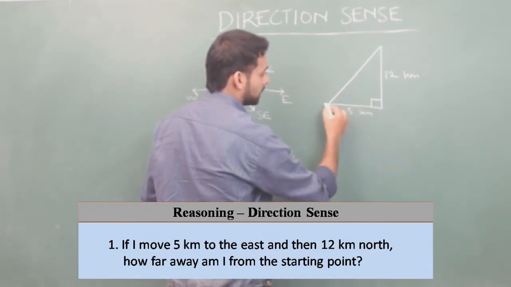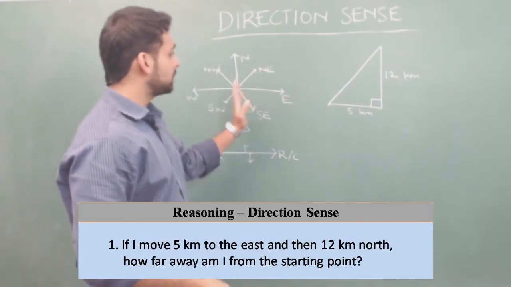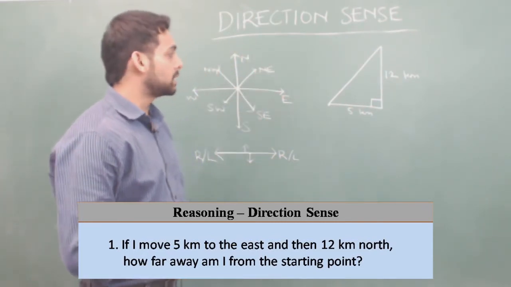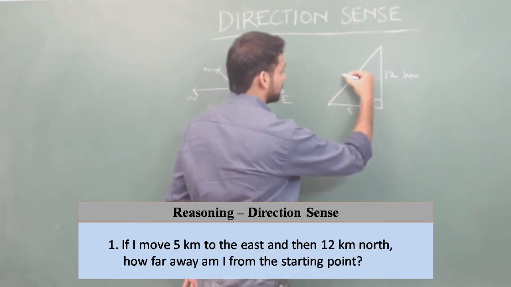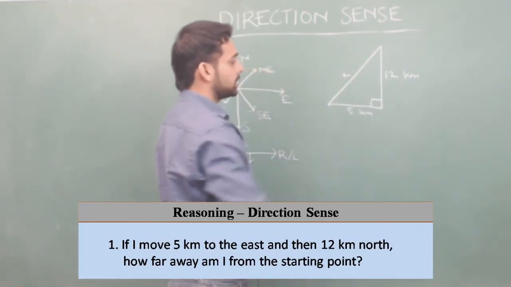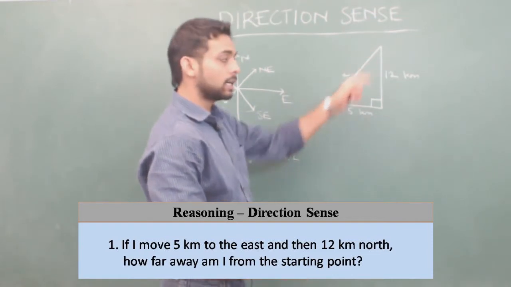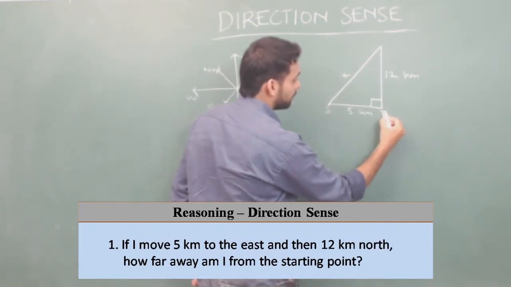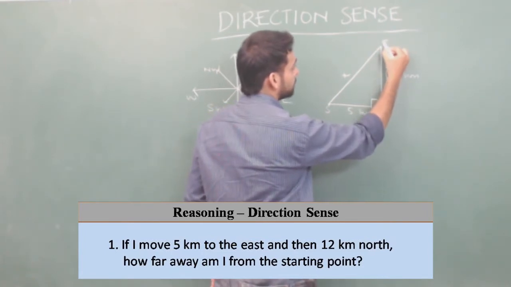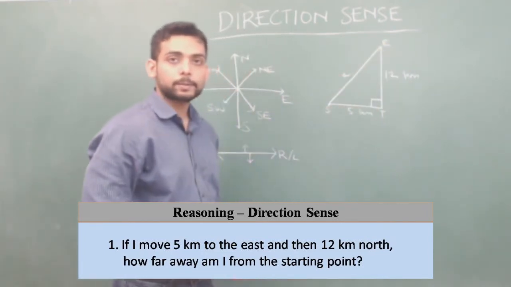Okay, because a change in direction east to north is a 90-degree change. So you are supposed to calculate x, that is the shortest distance between the starting point and the ending point. The starting point, the turning point and the ending point.